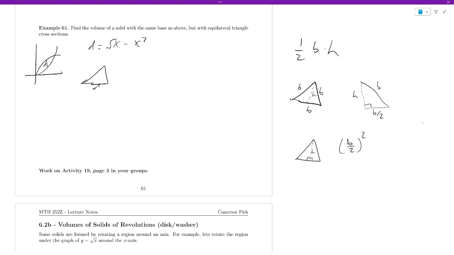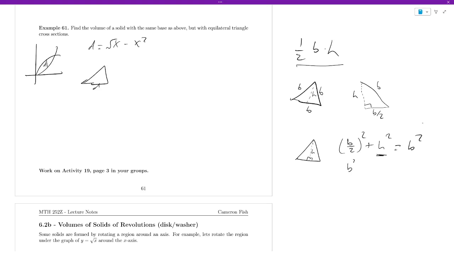We can do Pythagoras. So I can do b over 2 squared plus h squared is b squared. Right? This side plus this side is that side. This is actually super nice because I want this just in terms of b. So as long as I can get h in terms of b, then I can plug it into that equation.